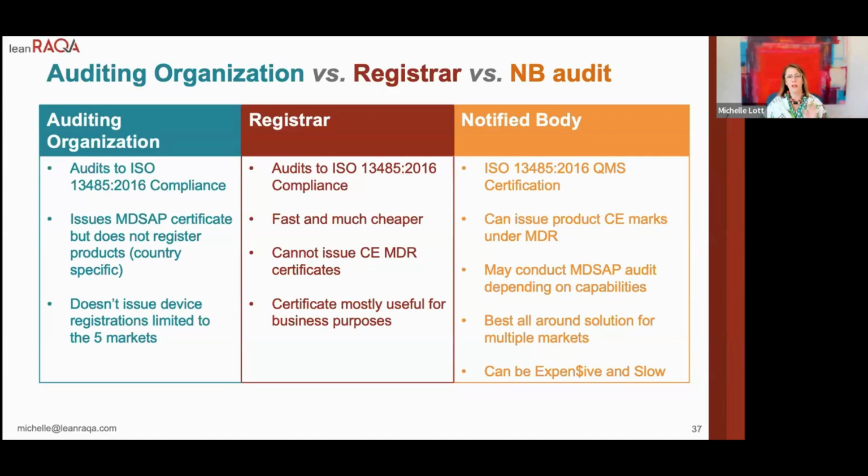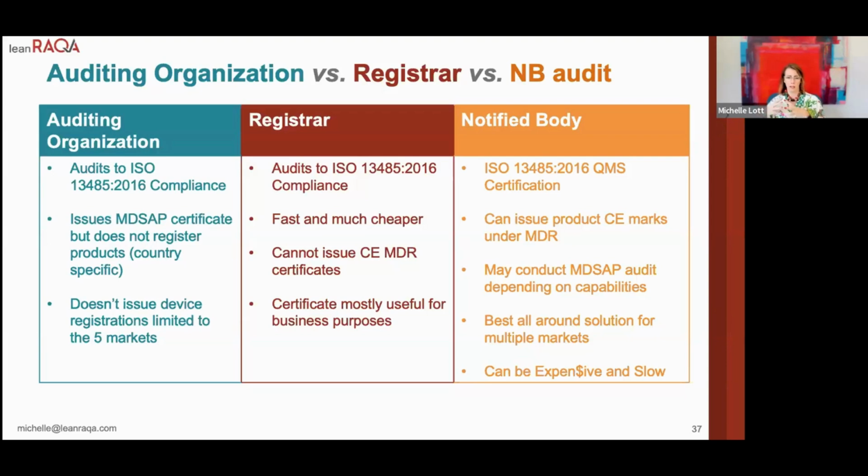So then for a registrar, you need to know there are two types of ISO 13485 certificates issued by different organizations. There is a registrar that is faster and much more economical.